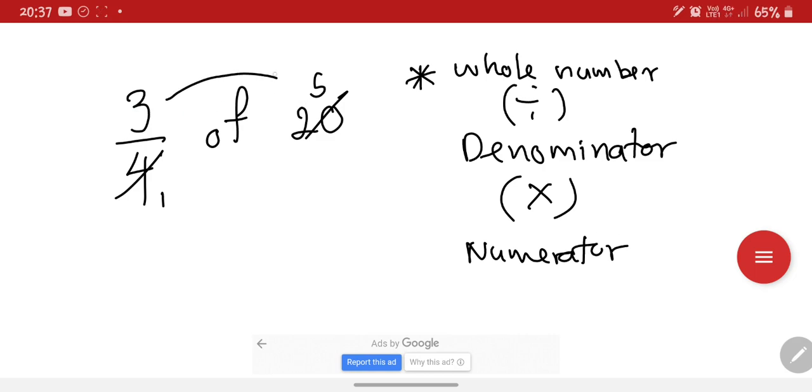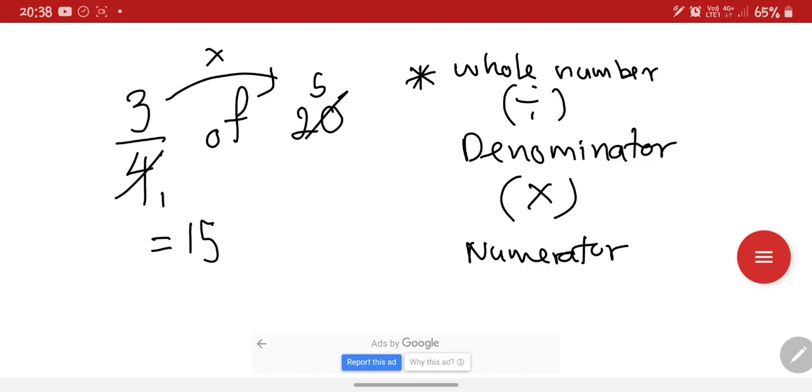So you will get your answer. 3 times 5 is 15. That is the way. Whole number divide by denominator, then the answer after you divide will be multiplied to the numerator.